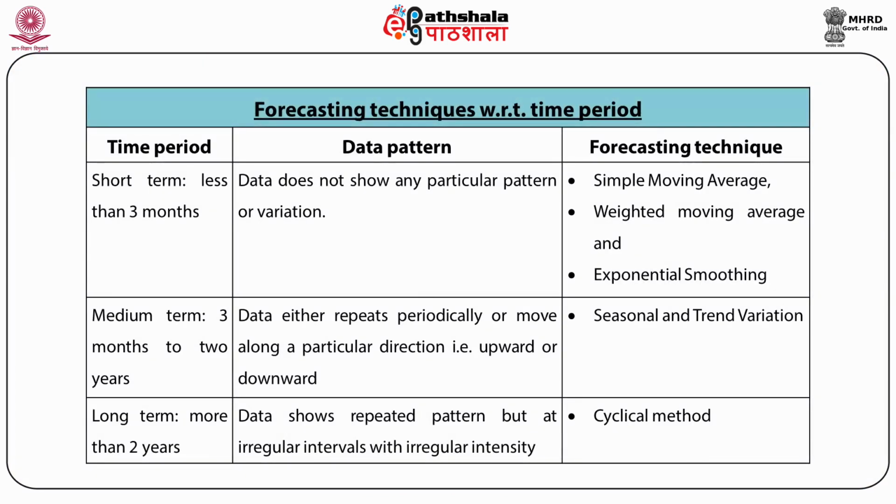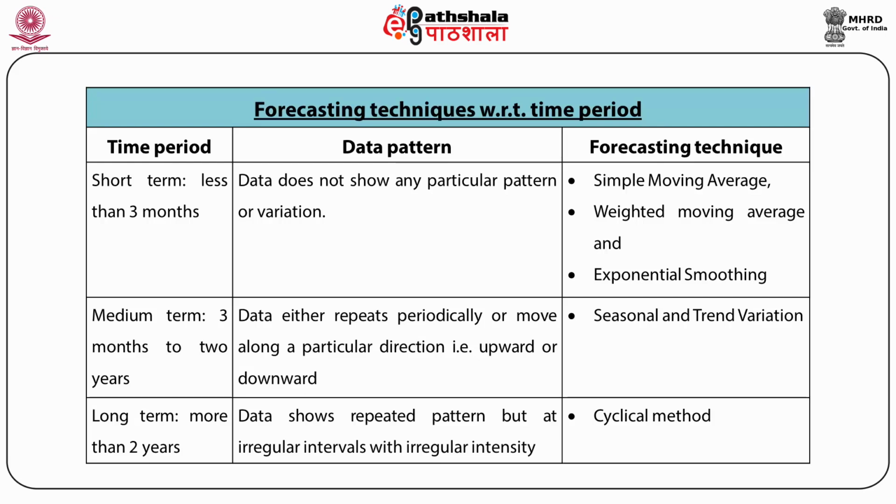The following table shows type of forecasting techniques, some of which would be discussed in this chapter in context of time period. Short-term period is referred as data collected over a time period of less than 3 months. Medium term is 3 months to 2 years, and long term as more than 2 years. The table indicates time period, the data pattern that varies according to the time period, and forecasting technique with respect to that time period.